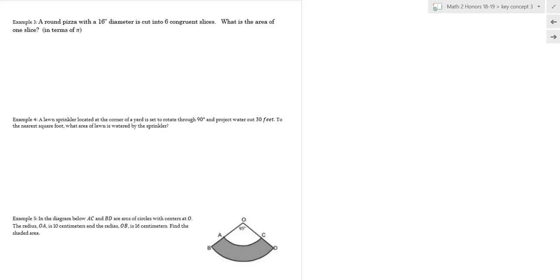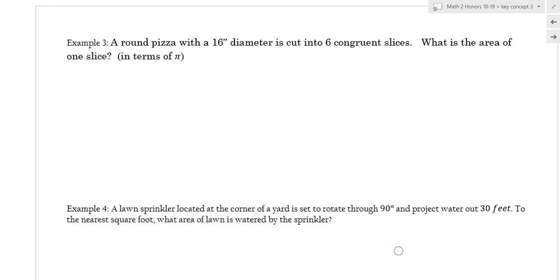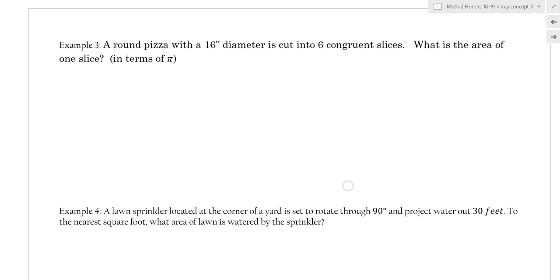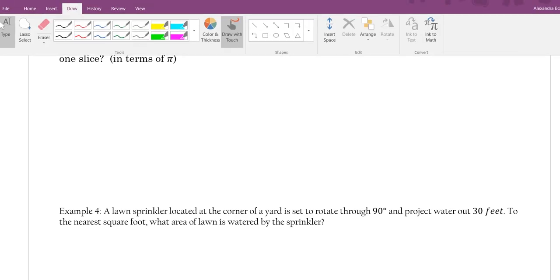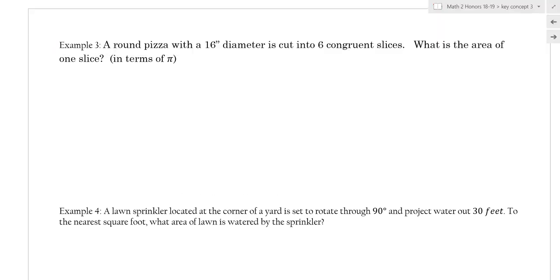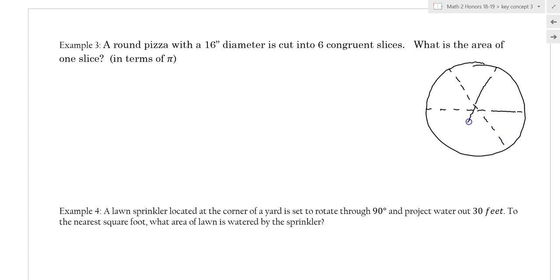Looking at the next page. A round pizza with a 16-inch diameter is cut into 6 congruent slices. I'm going to say those are all the same. So this is a 16-inch diameter, which means it's an 8-inch radius.